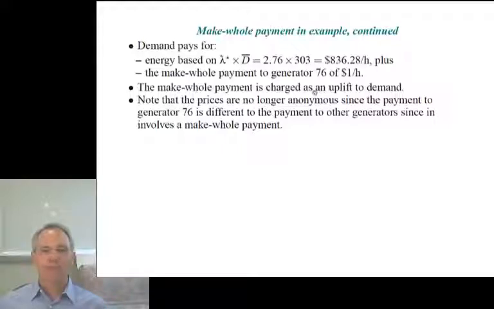The make-whole payment is charged as an uplift to demand. Notice that the prices are no longer anonymous. They depend on the generator. The payments are no longer anonymous, since the payment to generator 76 is different to the payment to other generators, since it involves a make-whole payment.